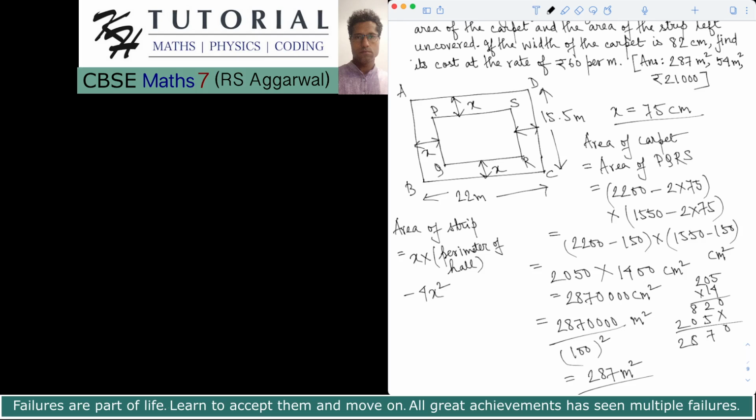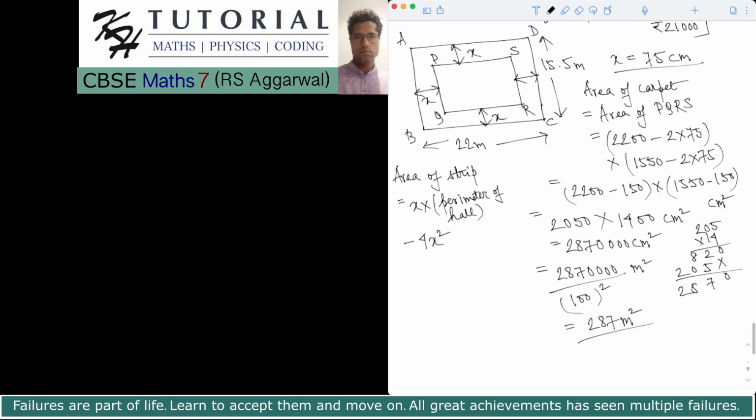So this is the area of the strip. This is equal to 75 multiplied by the perimeter of the hall. It is 2 into length plus width; length is 2200 centimeter plus width is 1550 centimeter, minus 4 multiplied by 75 square.